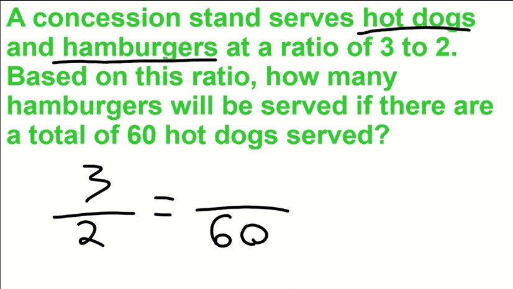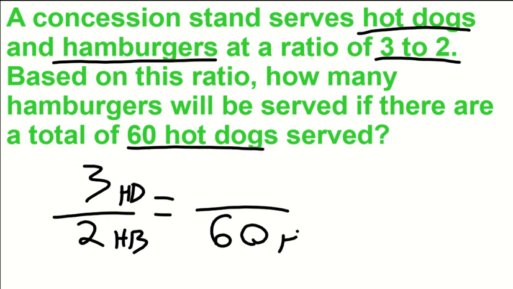Which one came first, hot dogs or hamburgers? Hot dogs. So which number is hot dogs? 3. So if we put HD for hot dogs and HB for hamburgers, what's the 60? Hot dogs. Does that one work then? No, that doesn't work, and it doesn't work because our labels don't match.